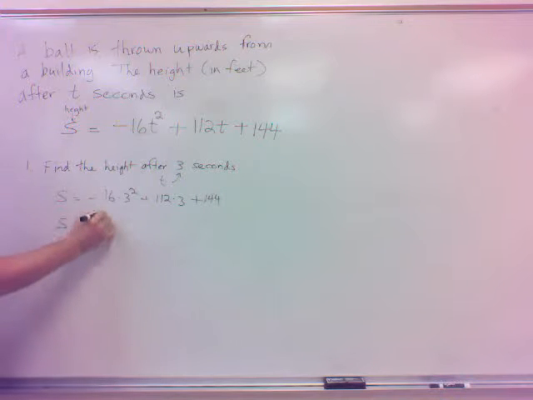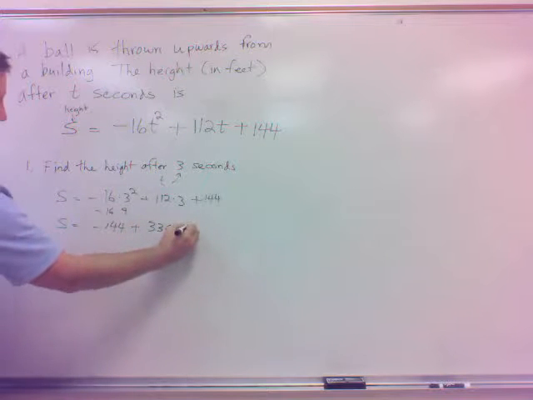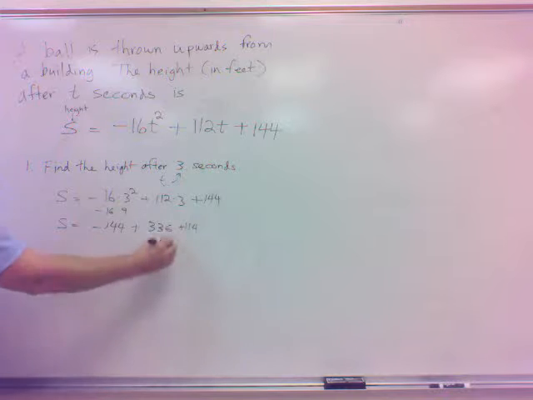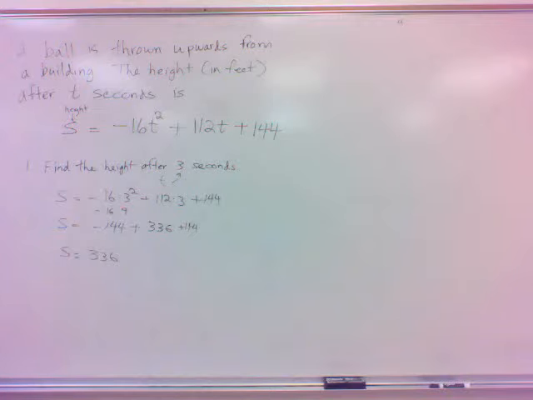That'd be negative 16 times 9, so it'd be a negative 144 plus, what would be 336 plus 144. That's going to work out nicely to be 336. All right.